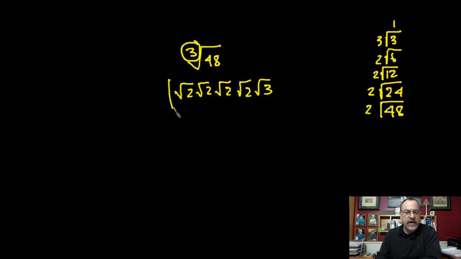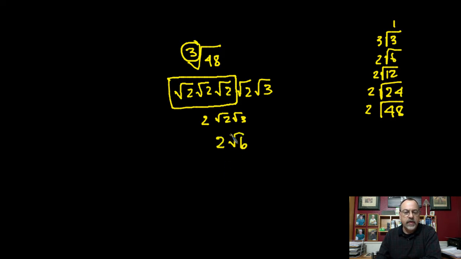That means I need 3 of these that are the same in order for them to make a whole number. So that would be 3 of these to make 2, and then I have 2 radicals left over. When I'm simplifying, I always do as much as I can, so I would never leave 2 of these. I can multiply those together.